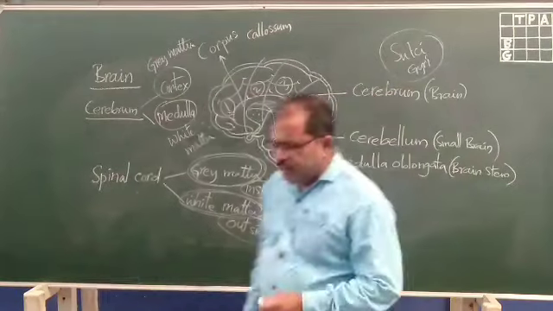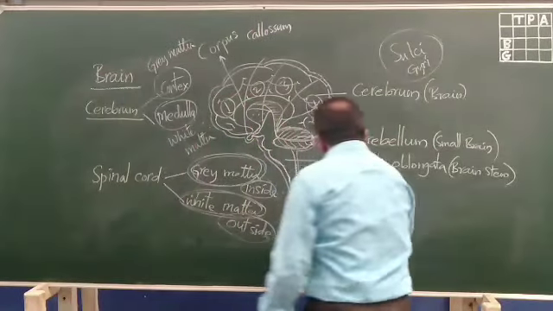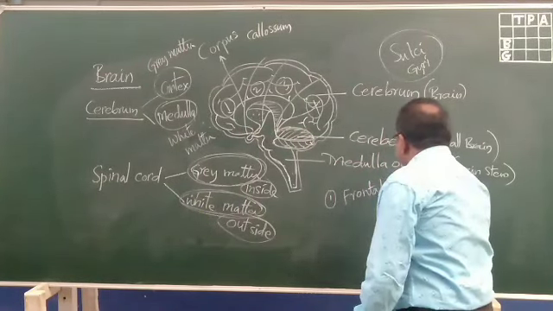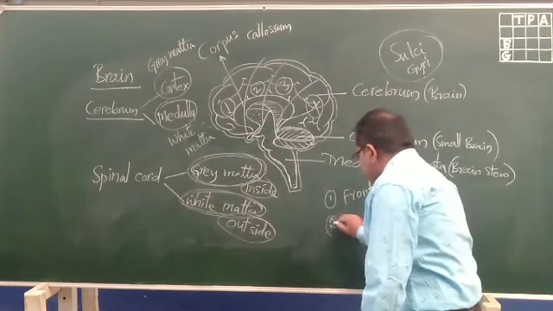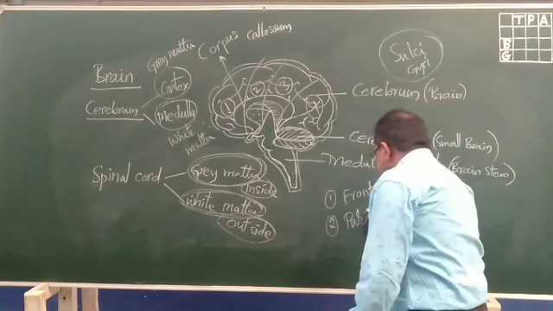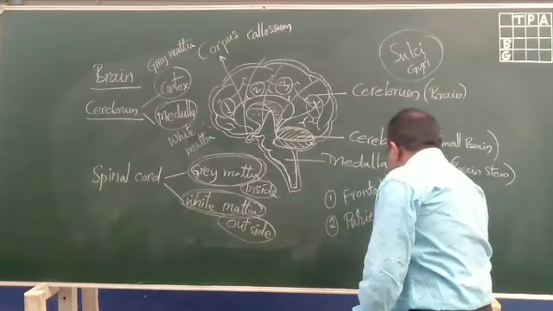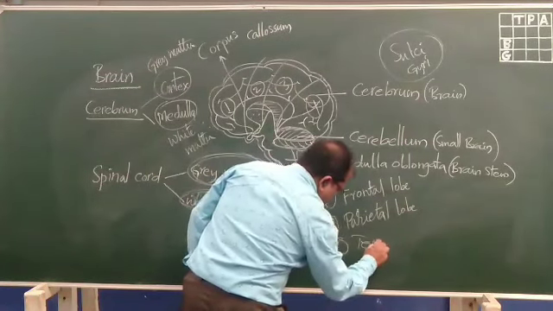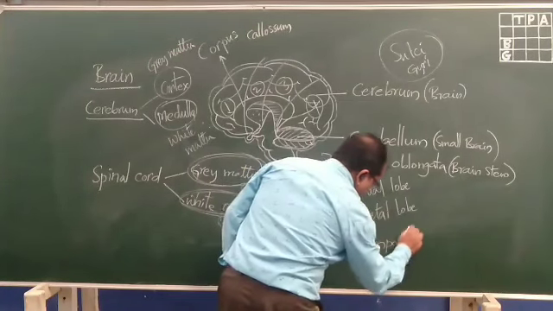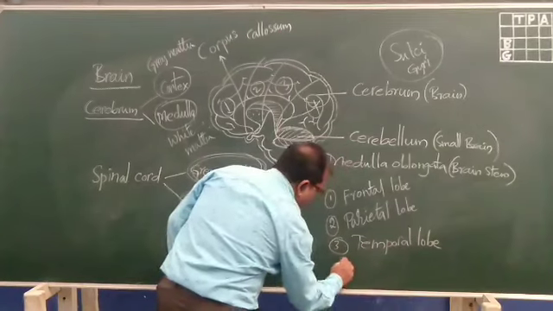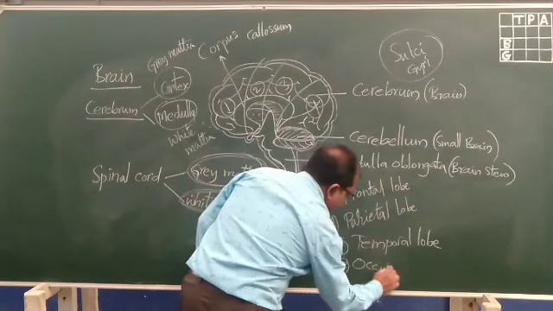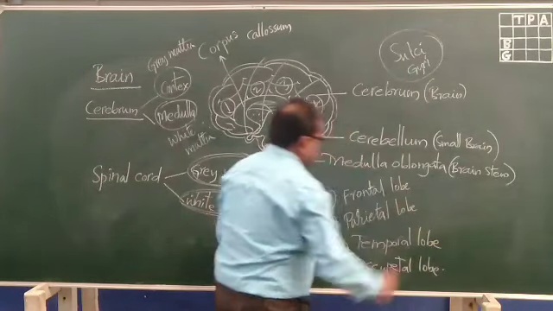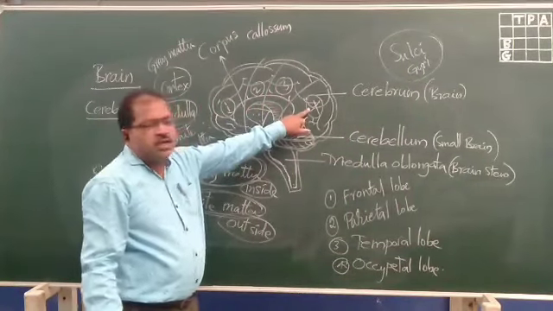The first one is the frontal lobe, the second one is the parietal lobe, the third one is the temporal lobe, and the fourth one is the occipital lobe.